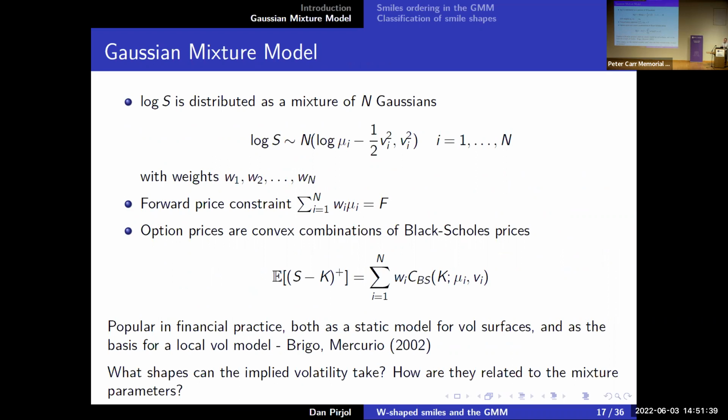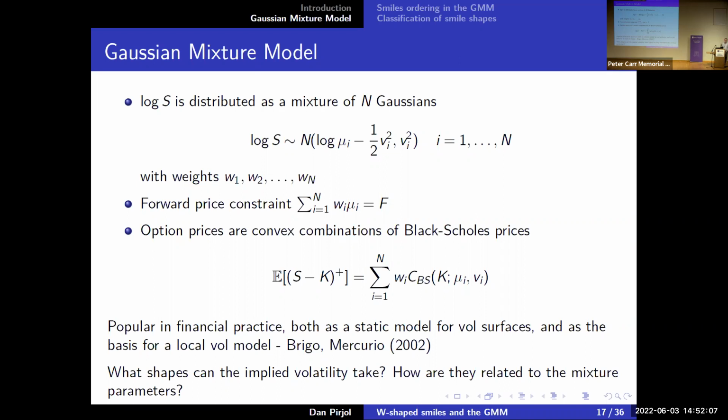And the reason people like this model is that you have a closed form pricing formula. Option prices are just linear convex combinations of Black-Scholes prices. It's used in practice. In particular, Bloomberg uses this for their representation of the volatility surface. It was described in an article in 2002 by Brigo and Mercurio, who extended it to a local volatility model.